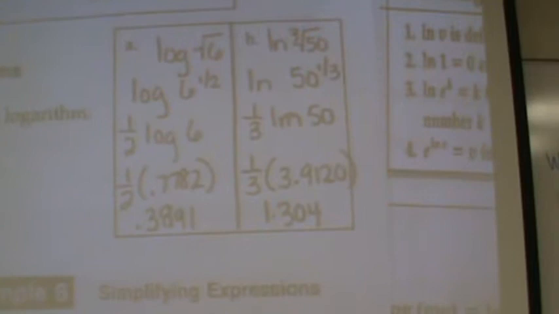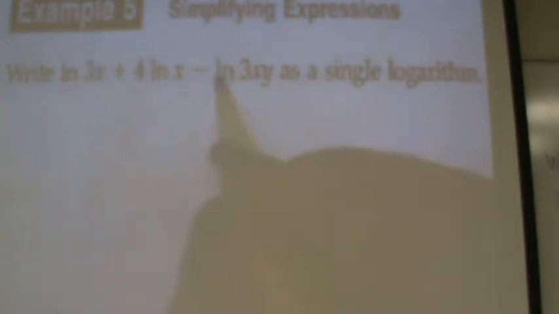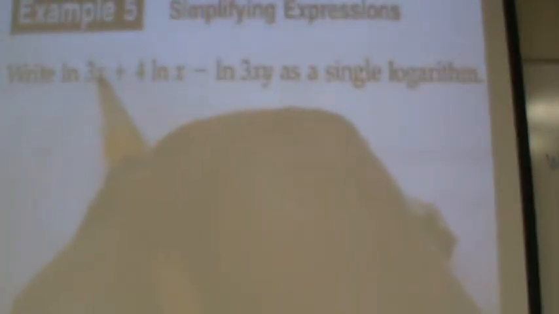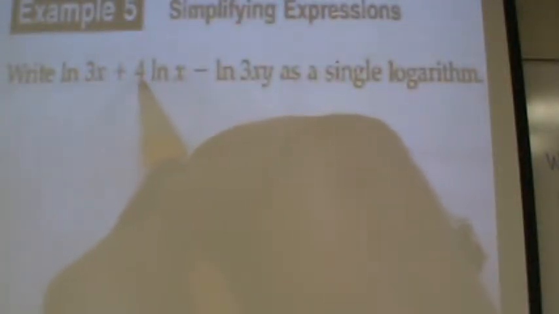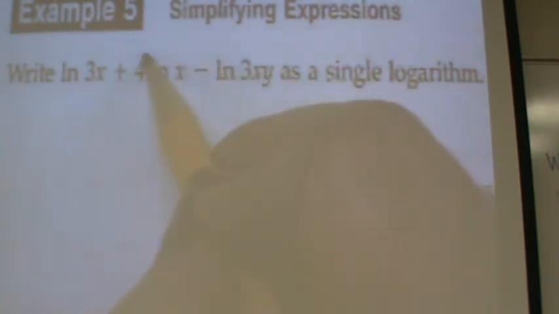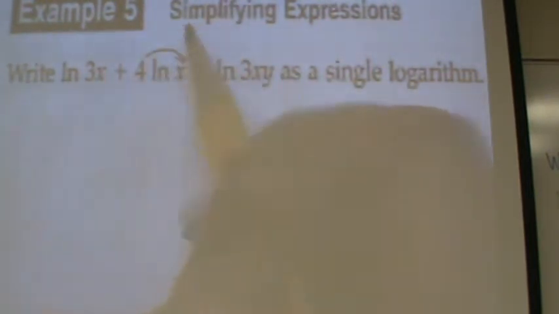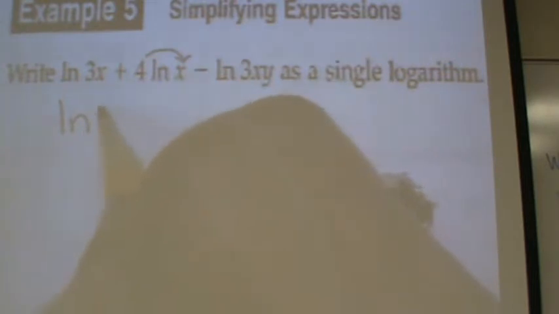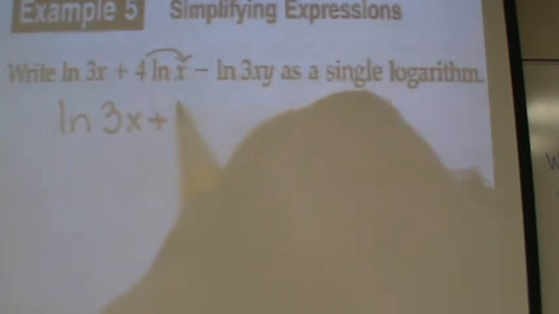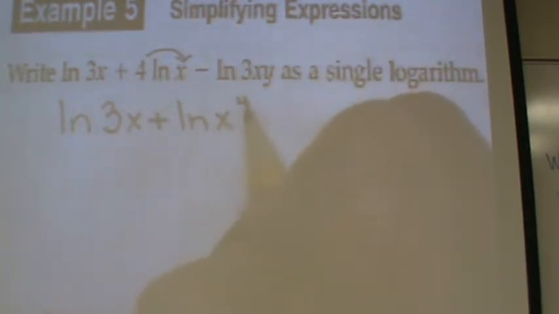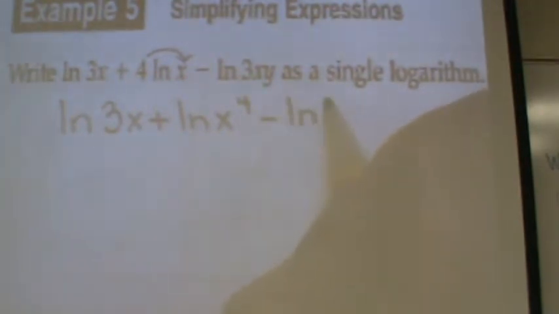Okay, so let's try some of these examples. Can you simplify this expression, make it smaller? They want a single log. So check this out. You have ln 3x plus 4. Where does this 4 go? That's a power. So what you have here is ln 3x plus ln x to the 4th power minus ln 3xy. Okay, now what?